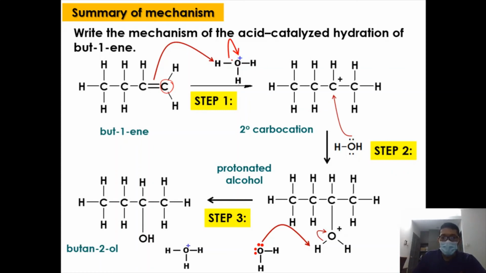And then the water that is produced from this side is used to attack the carbocation, because this one is positive and acts as an electrophile, and this one is the nucleophile. And then when it is attached there, we use another water molecule in the surrounding to remove the hydrogen, and this is going to produce the alcohol that we wanted. Okay, so this is the summary that I have shown in the previous slide.